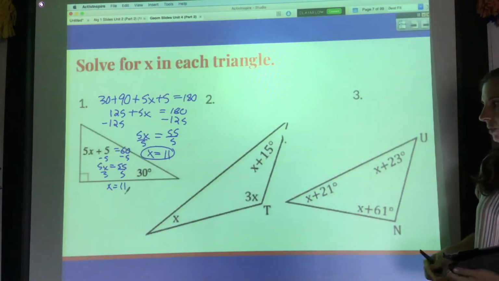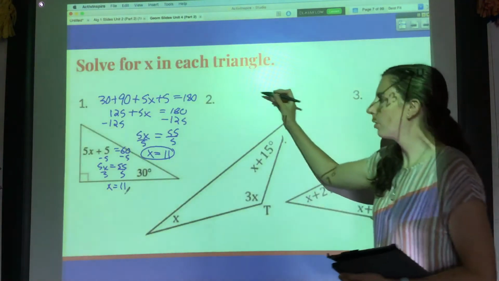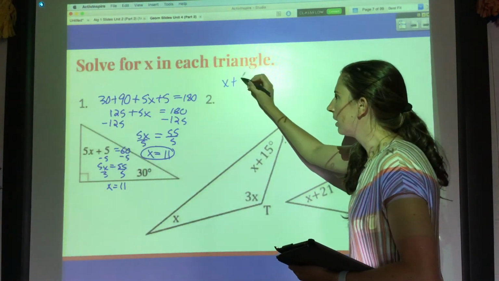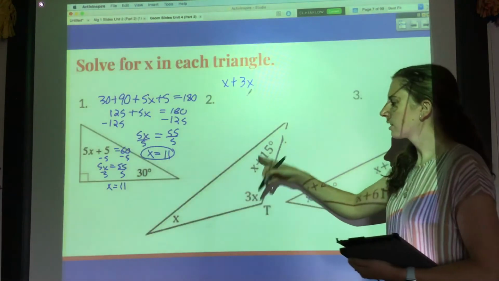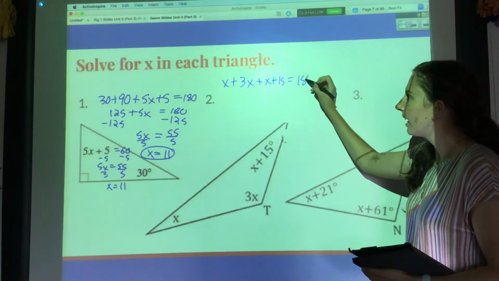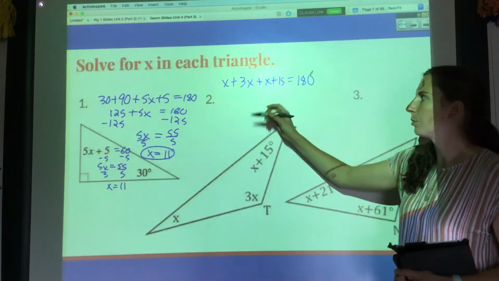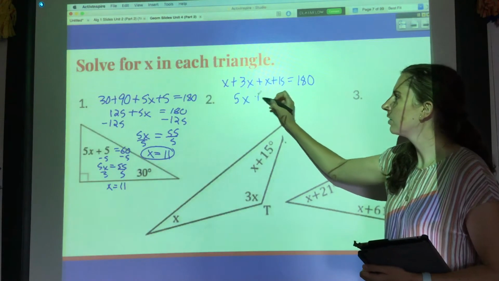Okay, so on this one, you would add up all 3 angles. They should equal 180. So x plus 3x plus x plus 15, all of that should equal 180. So that's 1x plus 3x plus another x, that would be 5x's total plus 15.